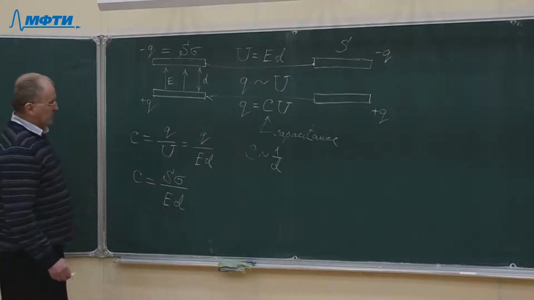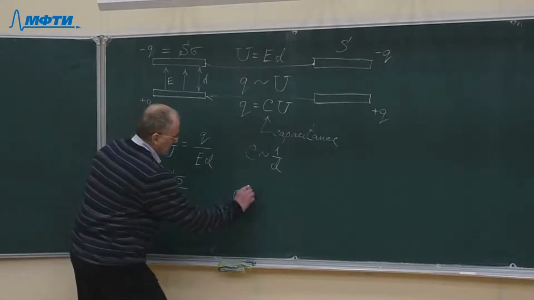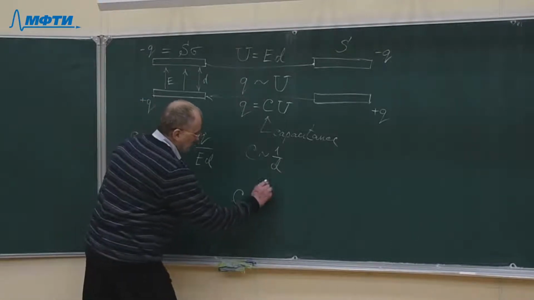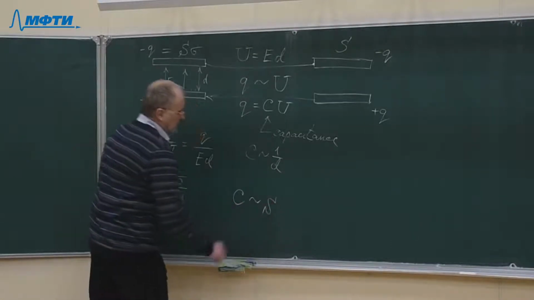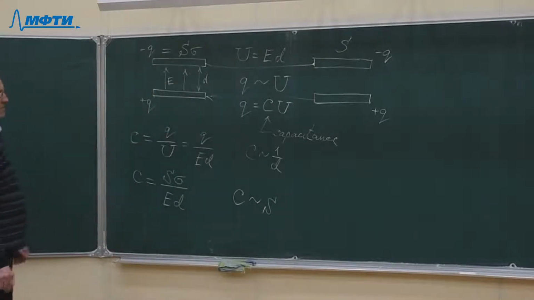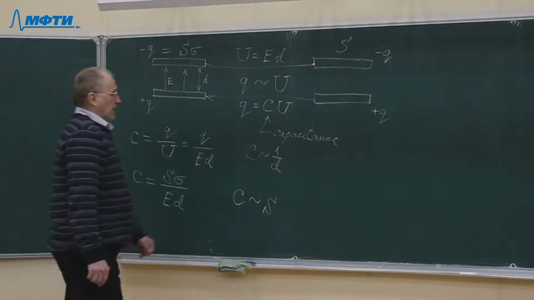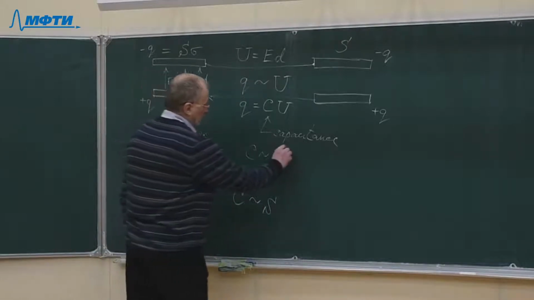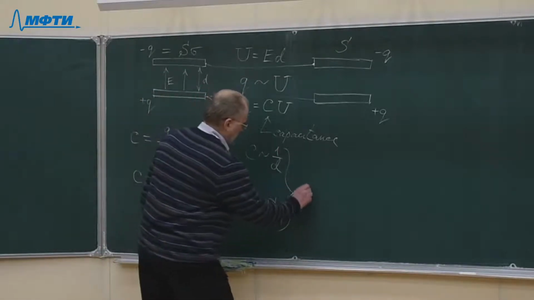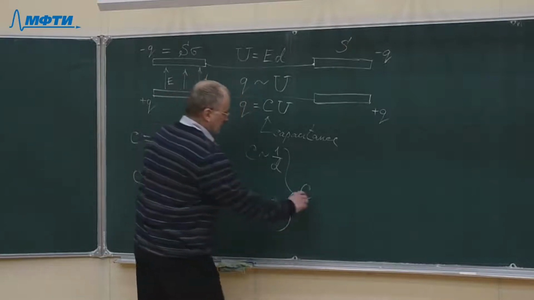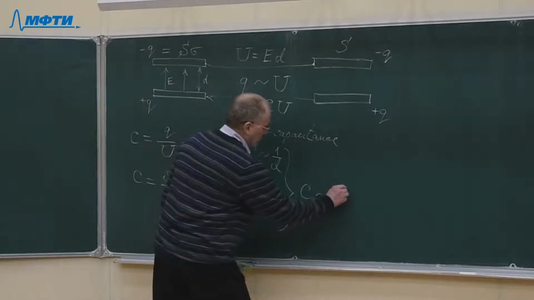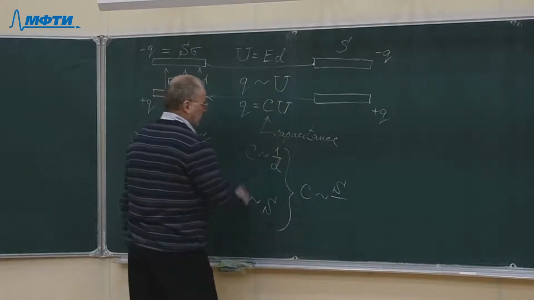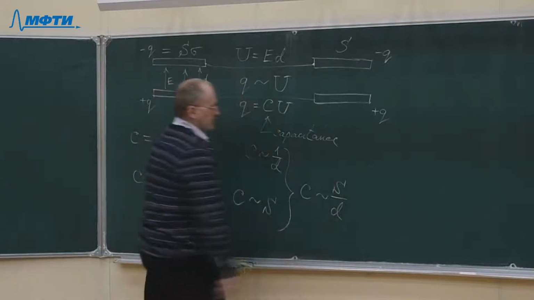So from this fact we may conclude that the capacitance must be directly proportional to the surface area of the capacitor. And so from these two formulas we may deduce that the capacitance should be directly proportional to the surface area of the capacitor plate and inversely proportional to the distance between the plates.